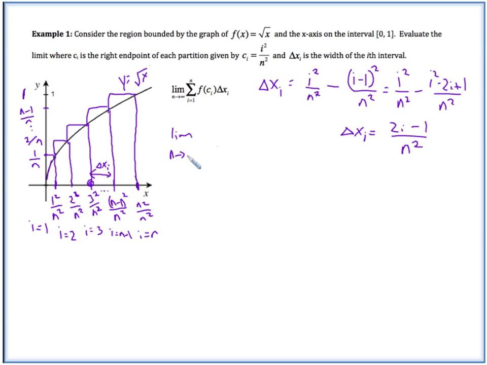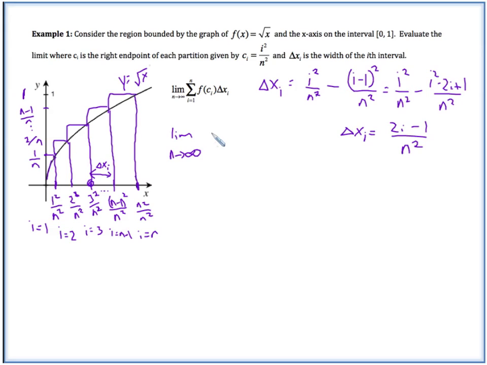And as we write this, the limit as n goes to infinity, let's think about what that means. If n goes to infinity, that means we're going to be increasing the number of partitions to infinity.